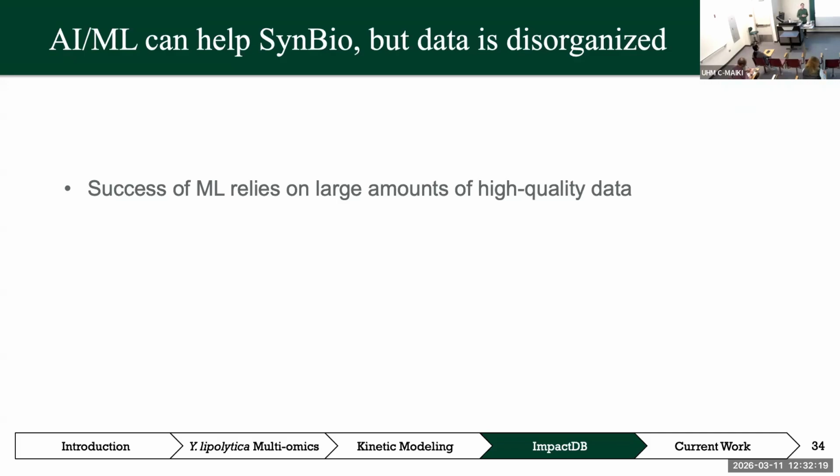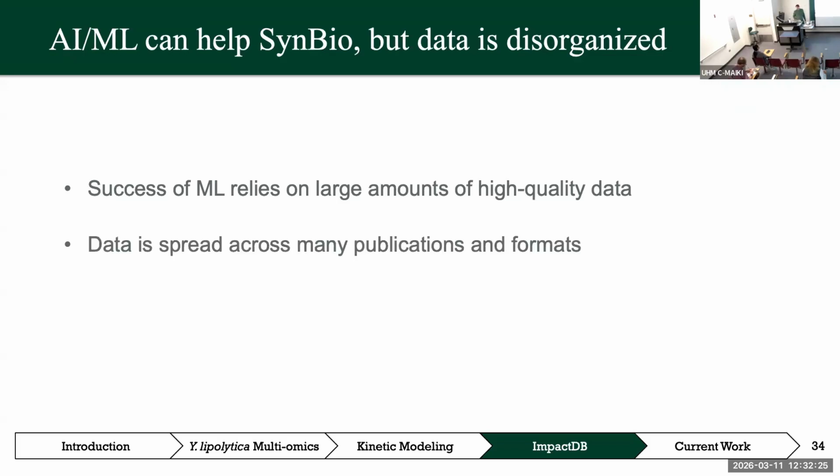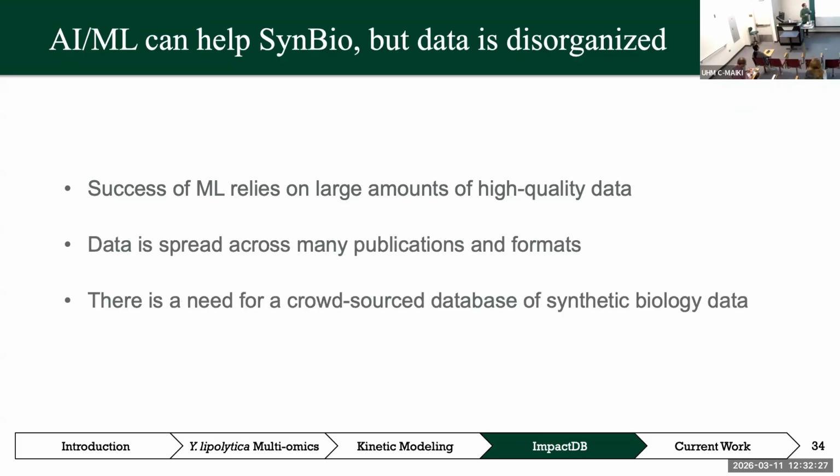Everybody just has whatever columns they want, whatever rows they want. So what a lot of people have done is they go through and read those papers and then make their own new data table. But it's a lot of repeated work. So if there was a centralized effort where everybody works together to make one well-curated database, that would be good for everybody.